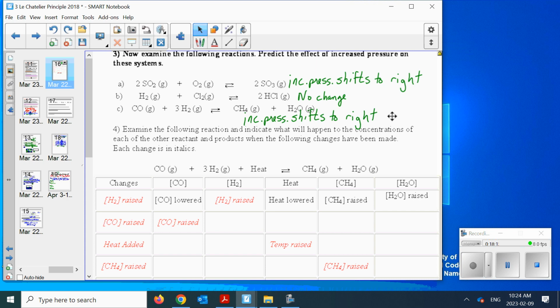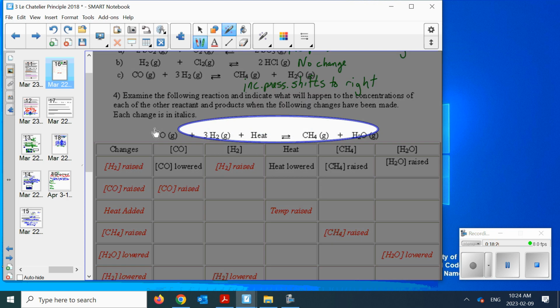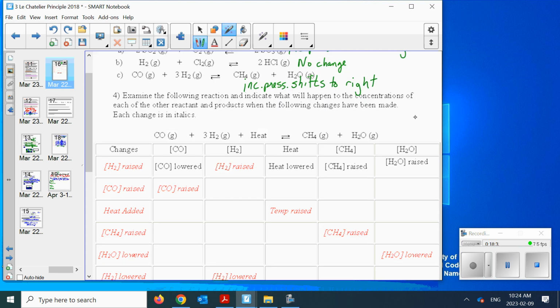Let's take a look at this. I have this reaction. And you notice it's all gases. And temperature is going to affect it. You've got heat energy on the reactants.